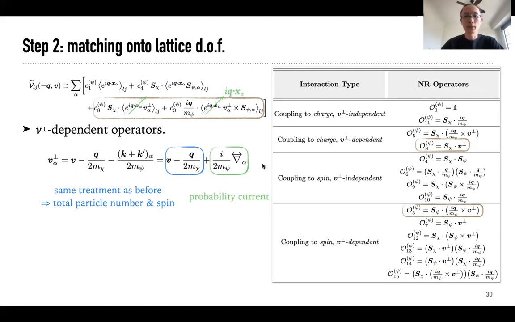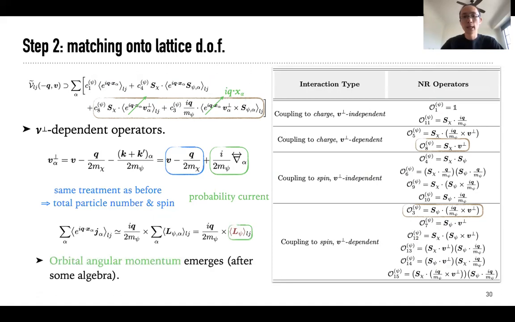The last term here is an operator that acts on the wave functions. And in fact, it is the probability current operator. So essentially the leading order piece will vanish because of probability conservation. So we have to keep the next leading order piece, i q·x_alpha.